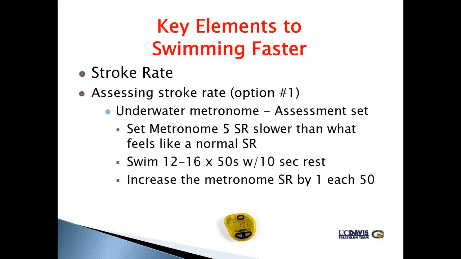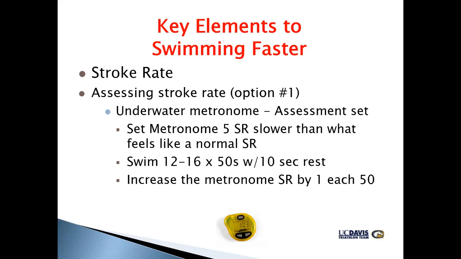In order to assess what your rate typically is, but also what a sweet spot or optimal rate would be for you based off of how fast you swim and your distance per stroke, typically you set the metronome about 5 beats lower than what you feel like your normal stroke rate is.